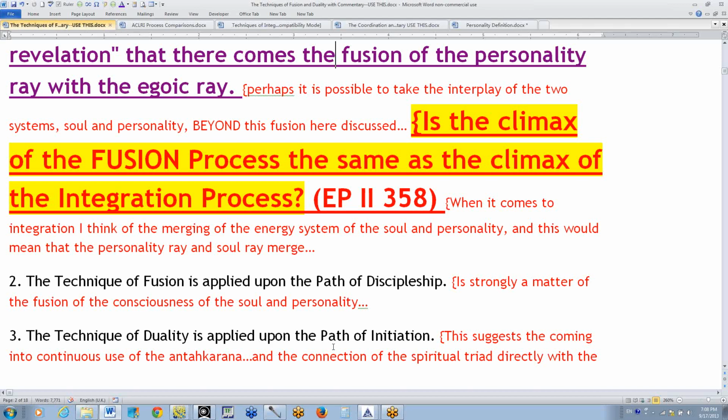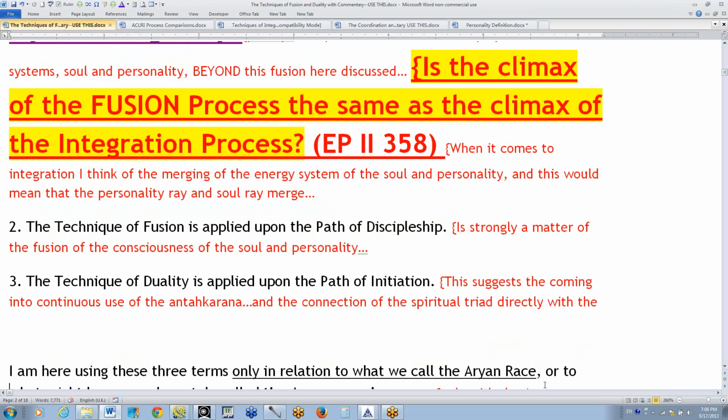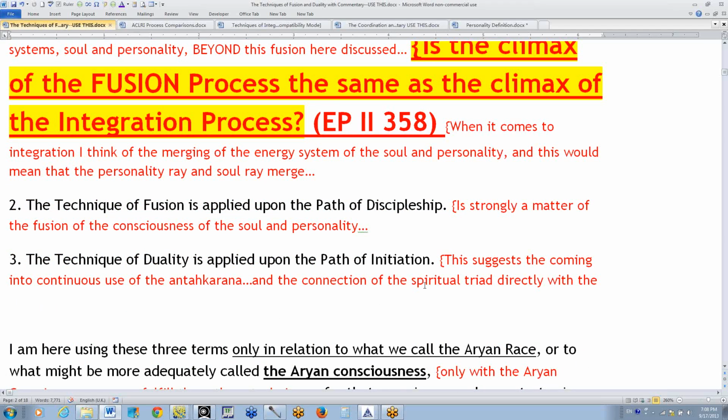Then the technique of fusion is applied upon the path of discipleship, and I suppose, as I say, continues really all the way up to the moment of most complete fusion at the fourth degree, and the technique of duality is applied on the path of initiation, so it may be applied up to the fourth degree and maybe beyond the fourth degree. Is that possible?